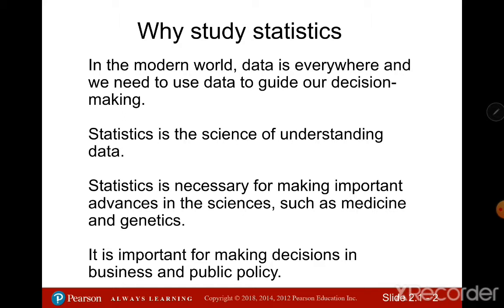So no matter what kind of job you will have in the future, it's always helpful to learn something about statistics because it will help you make a better decision. So everyone who chose to learn this course made a really good choice.